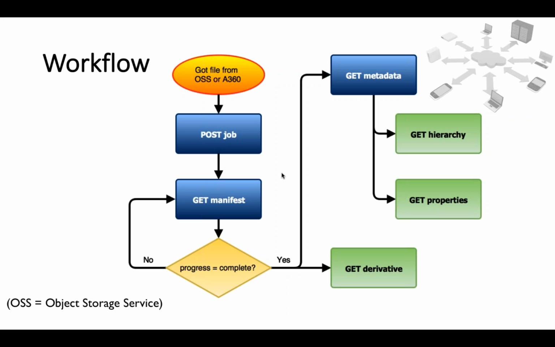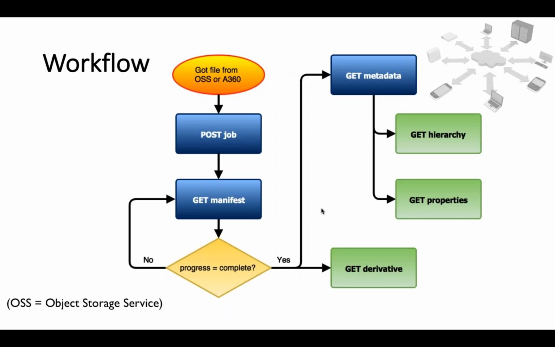Basically, if we want to generate a file that we can load in the viewer, we will post an SVF job. If we want to extract the file and convert it to OBJ, we'll post an OBJ job, and so on. Once you post a job, the API will create what we call a manifest.